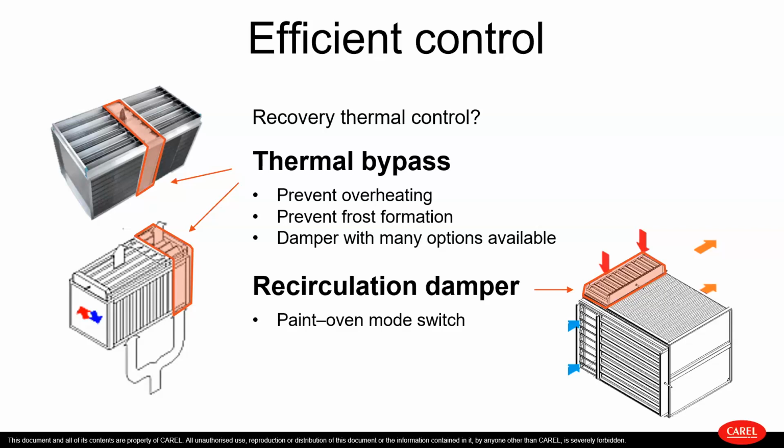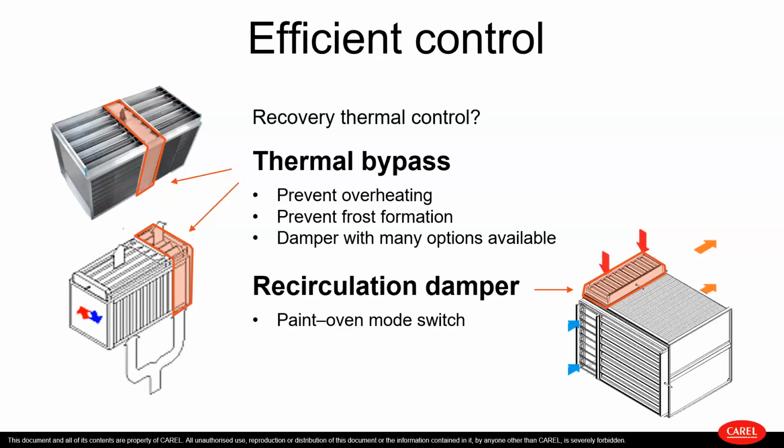And talking always about dampers, in some situations, for example when you change your painting booth from the painting phase towards the oven phase, you don't need fresh air to control the contaminants inside the ambient, so you can recirculate the air.